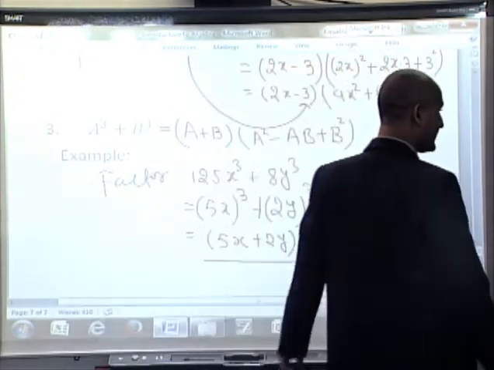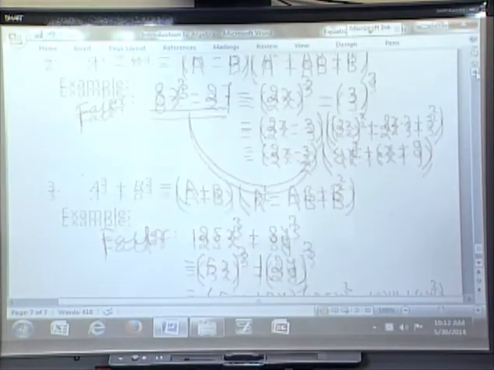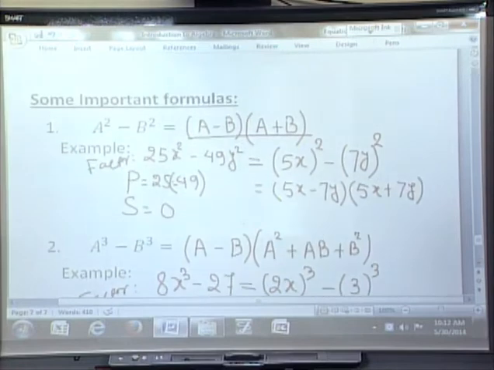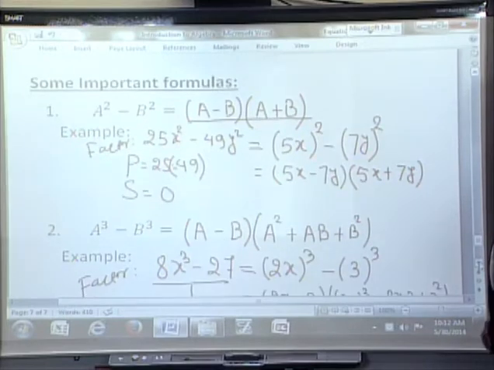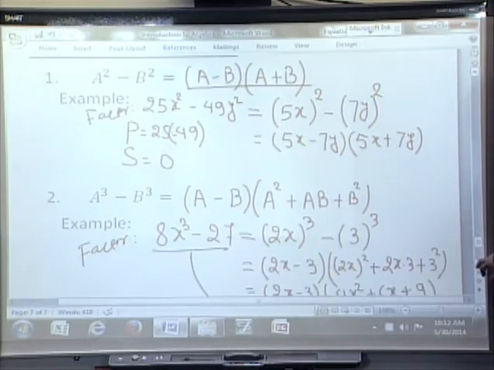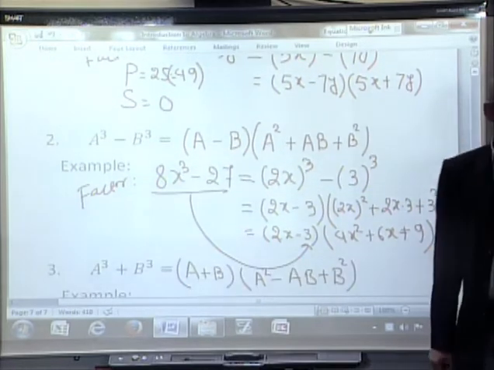However, one interesting thing I would like you to note in the case of these formulas is this. We have a formula for a square minus b square. We have a formula for a cube minus b cube, and we have a formula for a cube plus b cube.